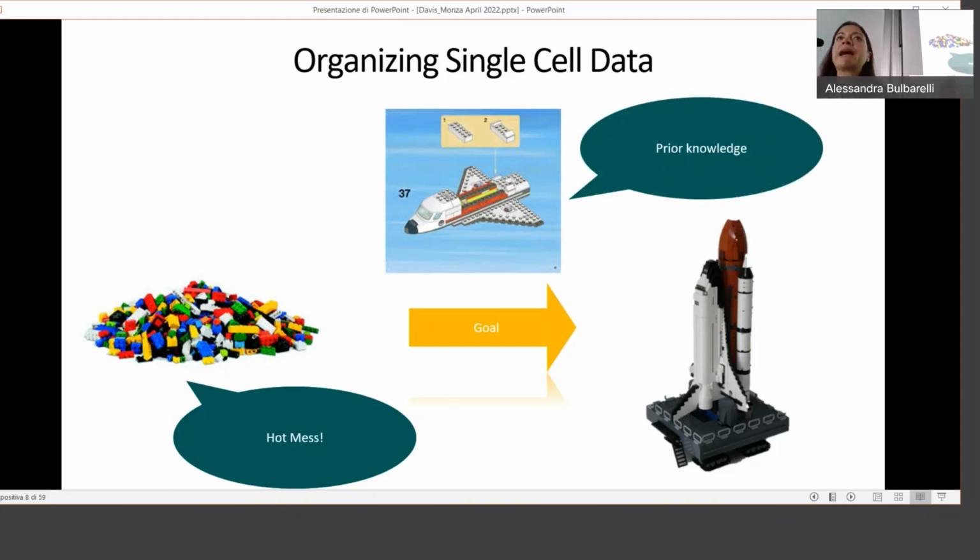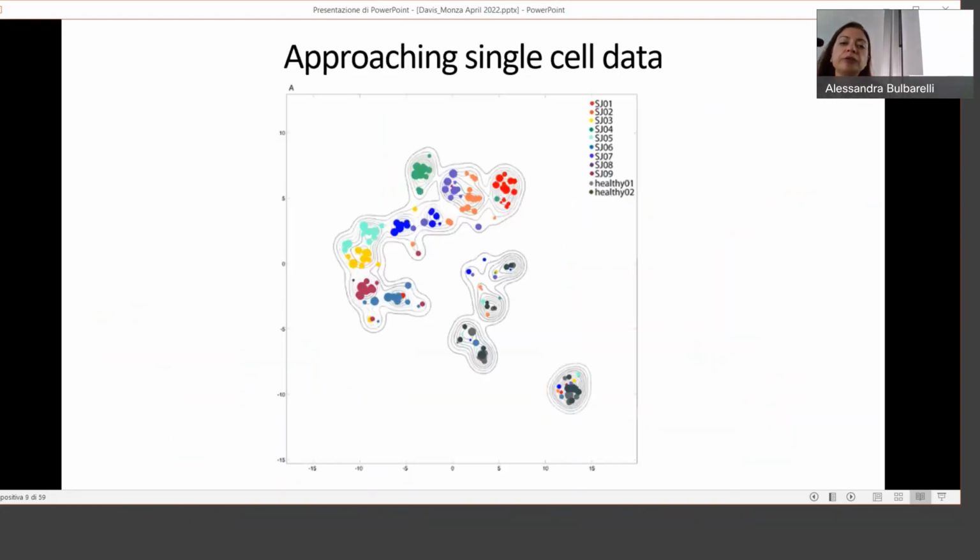And so what is lacking often in cancer is what is the prior knowledge, especially on the single cell level. Whereas in healthy tissue systems or immune systems, we have a lot of information about how healthy cells develop. So this was our very, very early first attempts at mass cytometry with patient samples. These are 9 patients from St. Jude, actually, who all had Ikaros mutations. And we were very interested in starting to look at that. And I will tell you a story about how that comes full circle in science life.